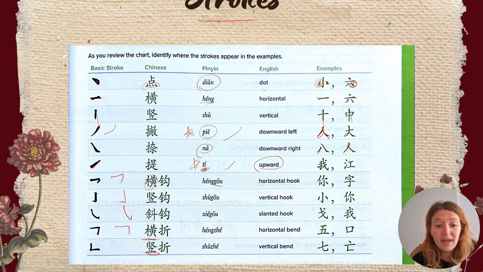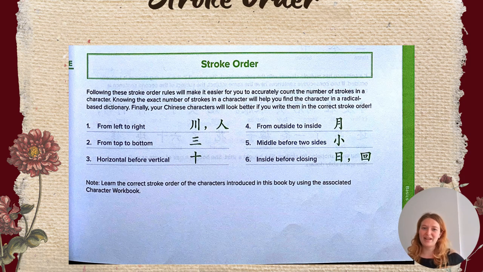Horizontal bend or vertical bend. So, hengzhe and shuzhe. As I said, I got away with not knowing the names of the strokes, but it is a helpful thing to know and may come in very handy for you someday, but don't stress too much about it yet. All right, we're getting there.